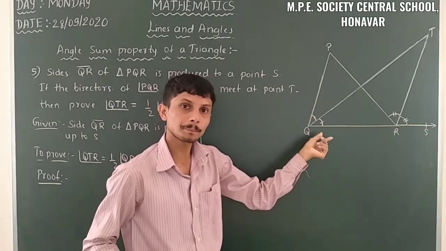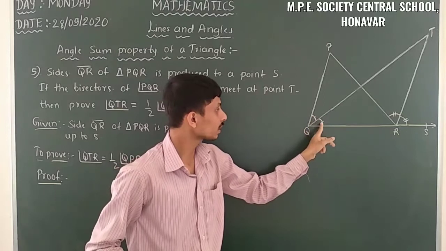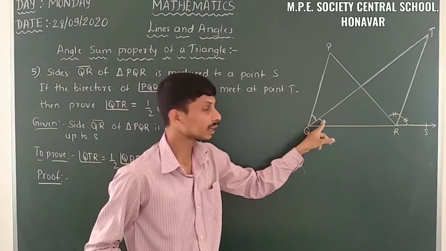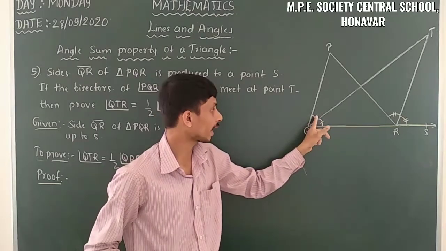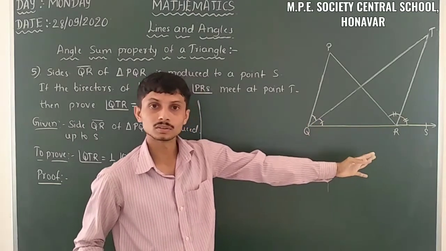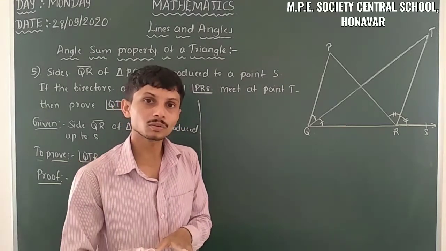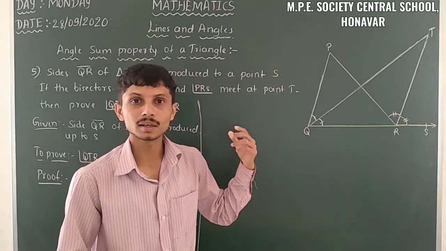It is half of this complete angle. Here some correction is needed, so we have to take some of the exterior angles.